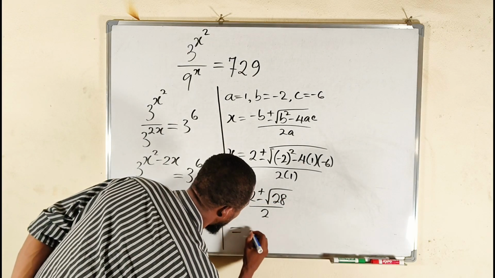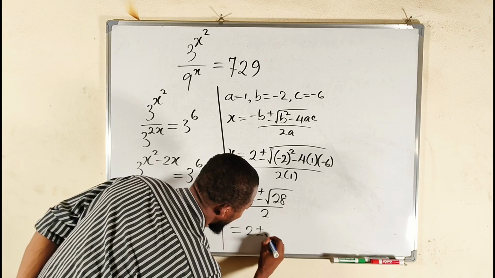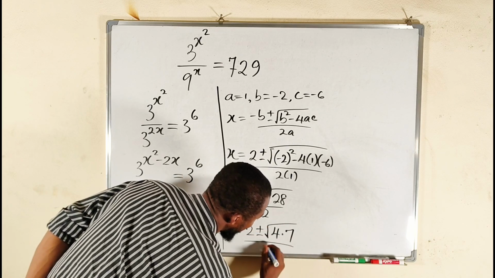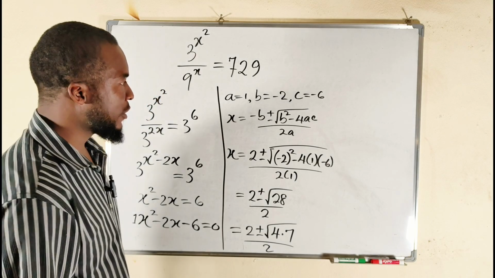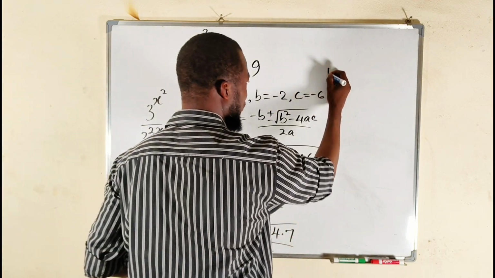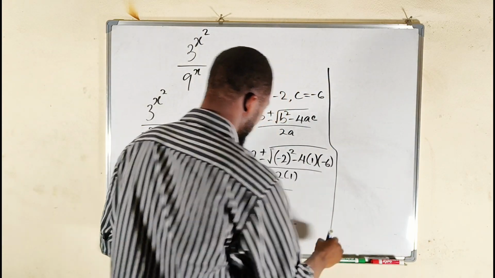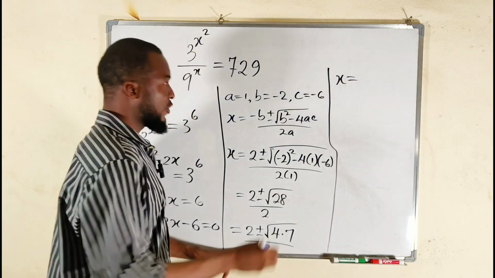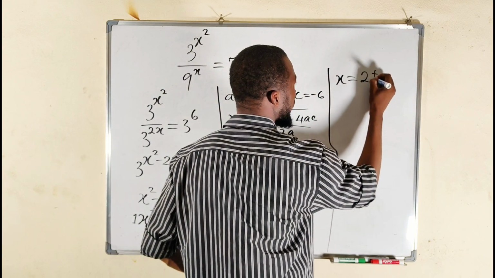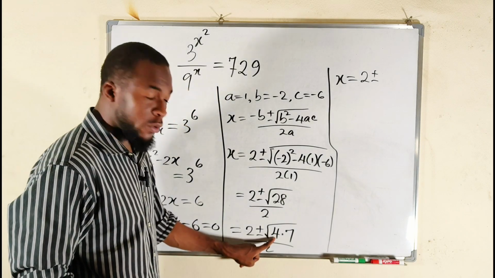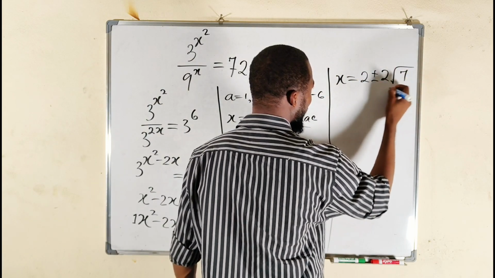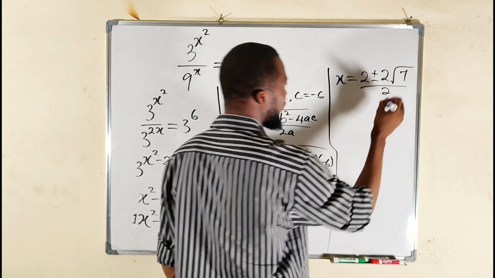So this is the same thing as 2 plus or minus square root of 4 multiplied by 7 divided by 2. Let us finish it all over there. And x will be equal to 2 plus or minus square root of 4 is 2, so you bring it out, but square root of 7 remains, divided by 2.